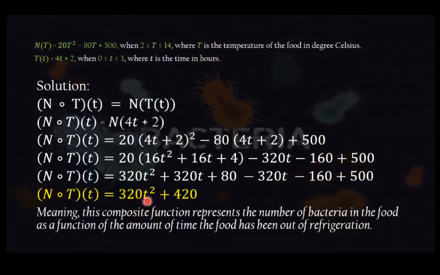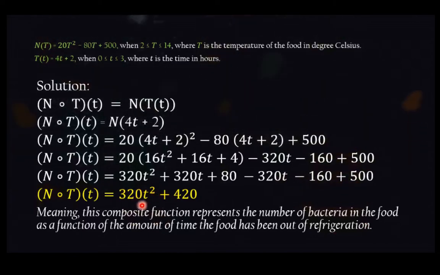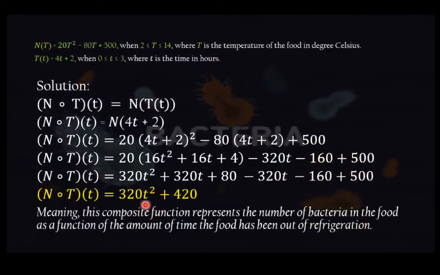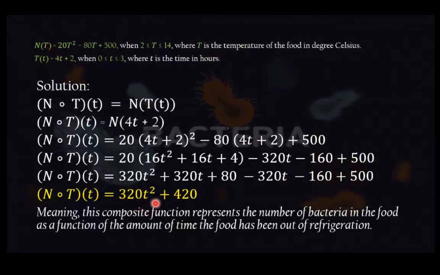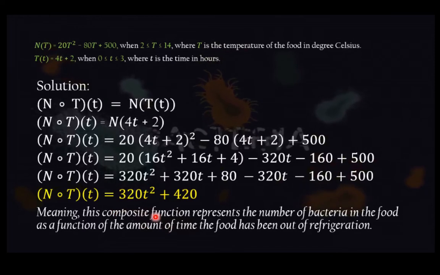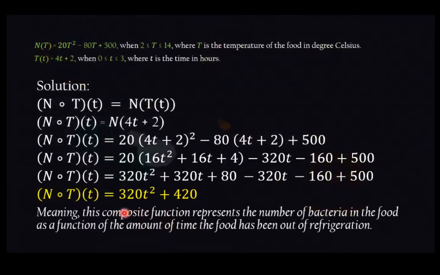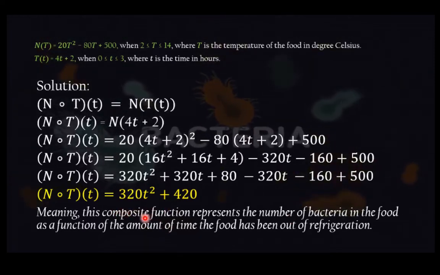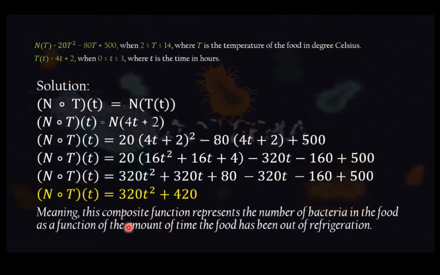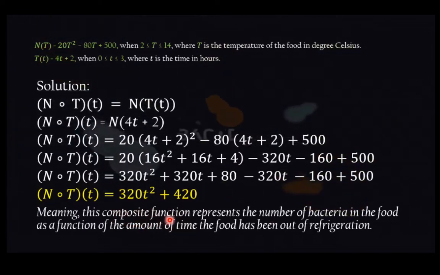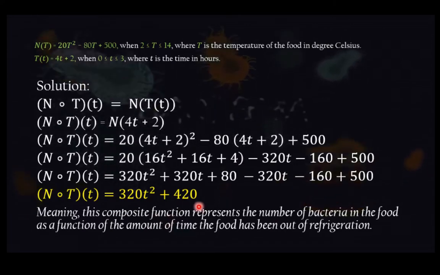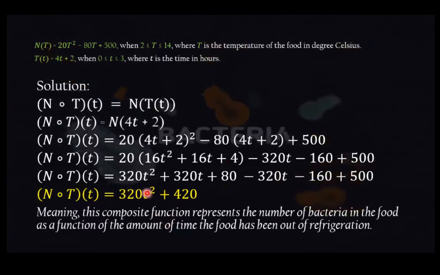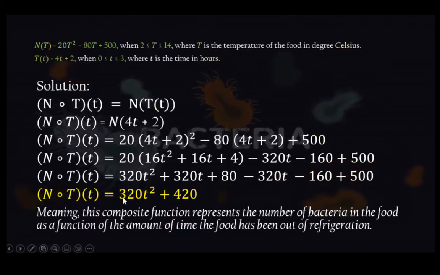For example, if you plug in 1 for 1 hour, after 1 hour you just plug in 1 in our given equation, and you will see how many bacteria there are. And this is the final answer, because what we were looking for was the equation or the function.